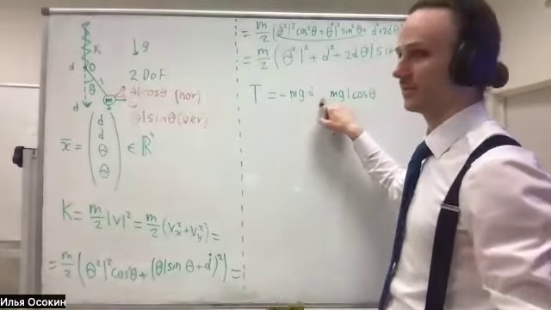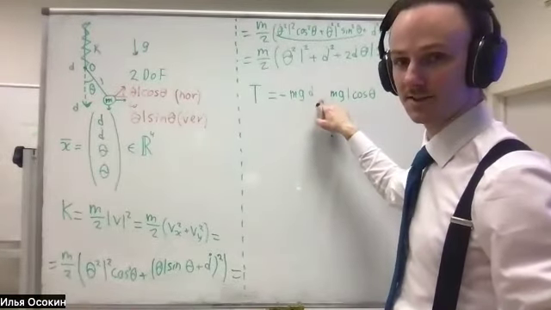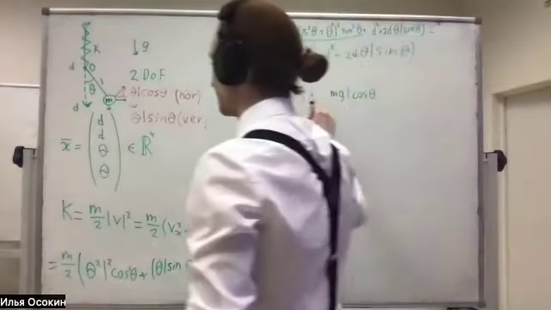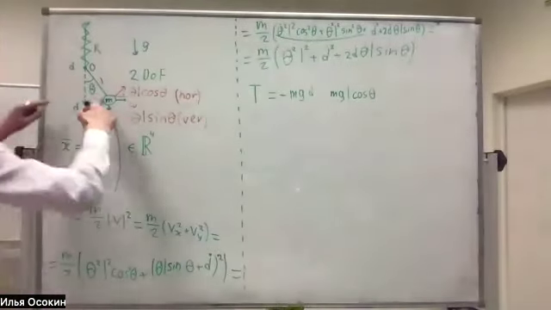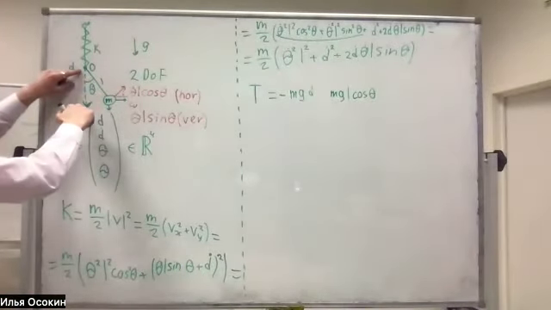And let's find out the sign. If the cosine is 1, the potential energy is minimal.